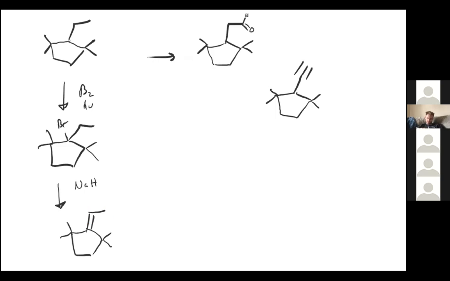So if we add an HBr and peroxide, we can get to what looks like a much more manageable position. So this is kind of the pathway that we've been doing. We should kind of know what we're doing from this point.